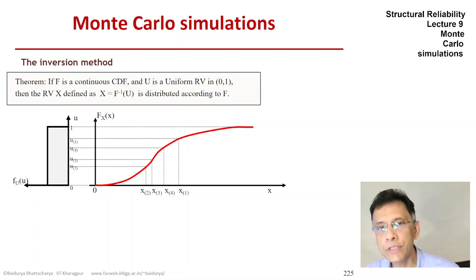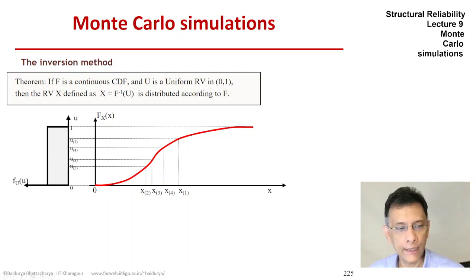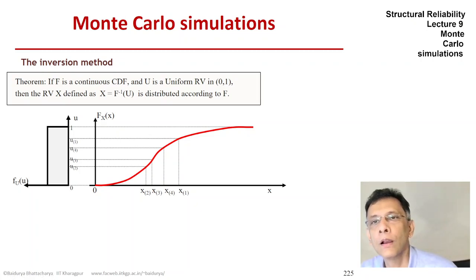So what you see on the left part of this figure is the uniform PDF. So f_U is the uniform PDF, and the values of U take between 0 and 1.